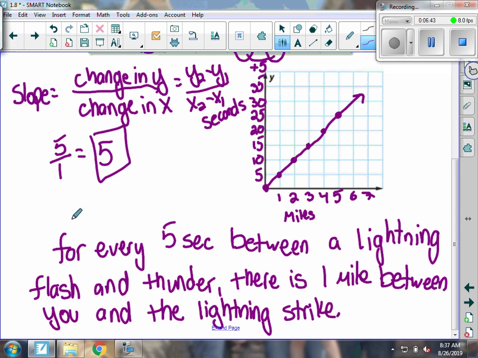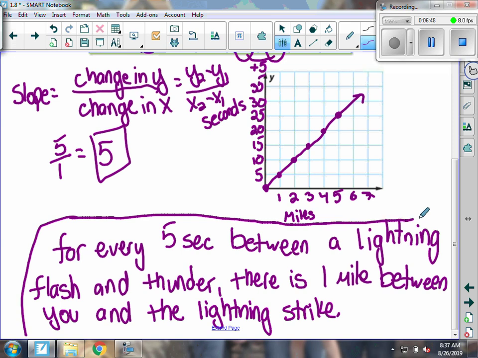So you have to figure out your slope, and then you have to interpret what this means, and it needs to make sense.